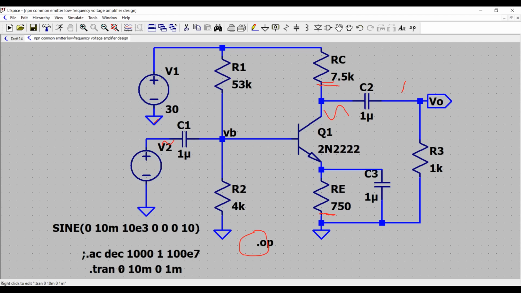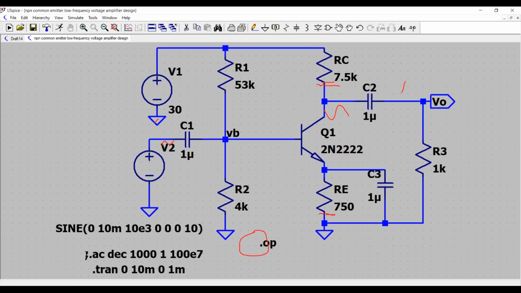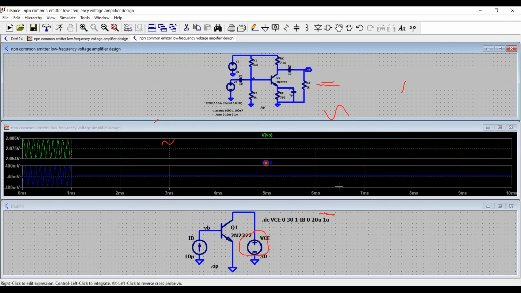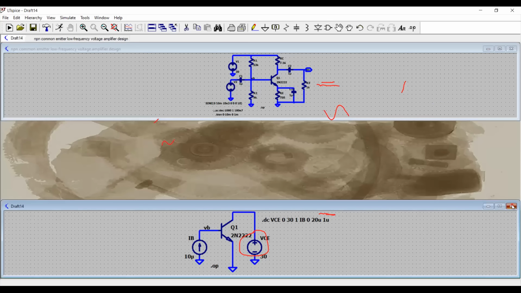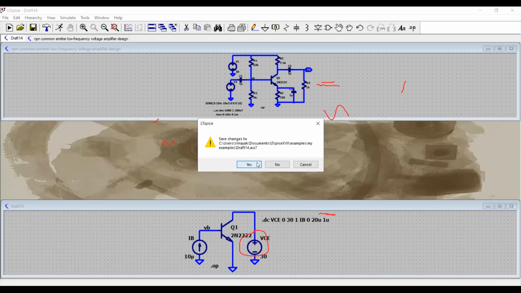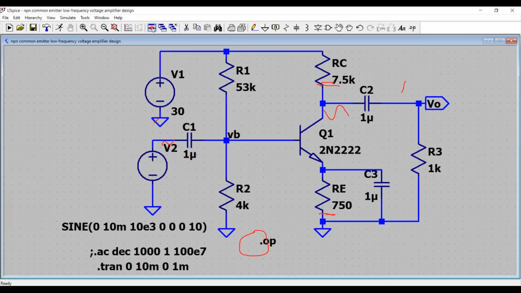So dot tran, I'm running it from 0 to 10 millisecond, and start time is 0 seconds at the step of 1 millisecond. So that's the syntax. Once that is done, I will just click run, and let me close the other two extra parameters of the circuit. So now I am done with this circuit.